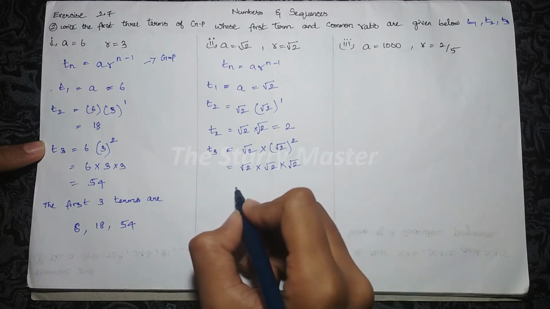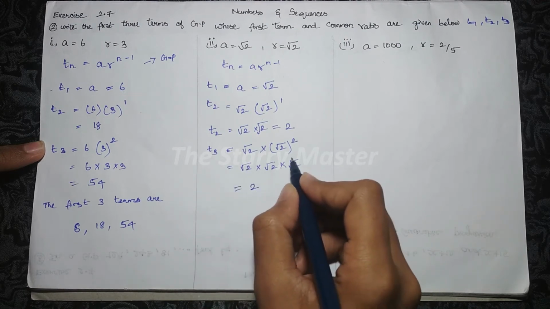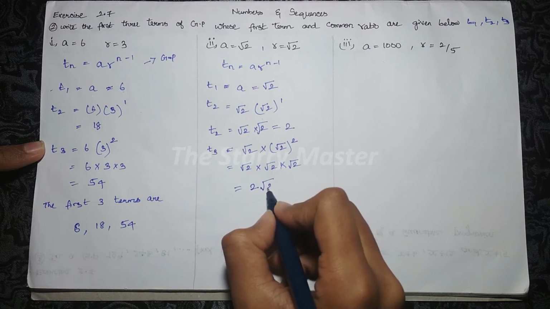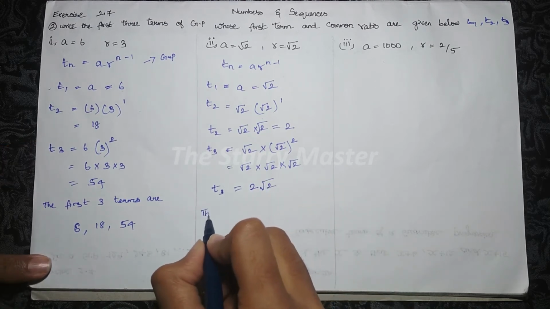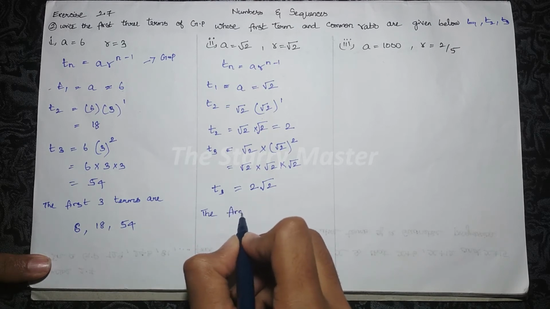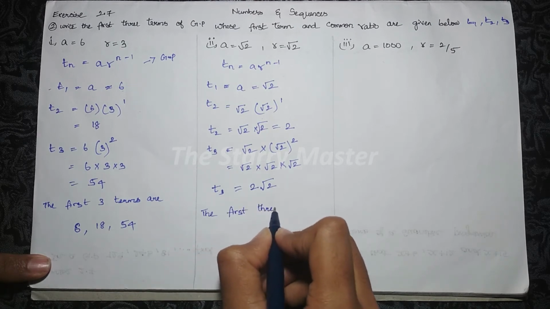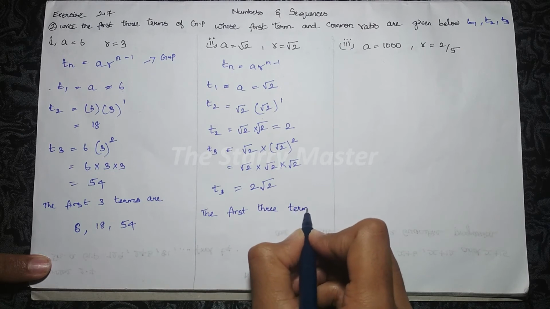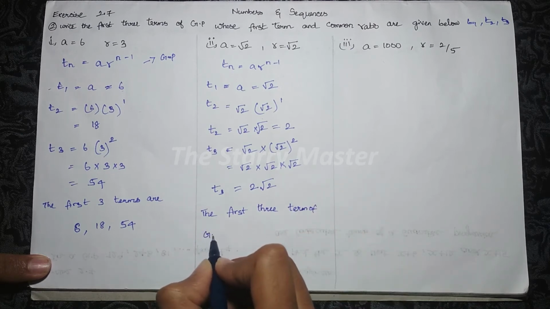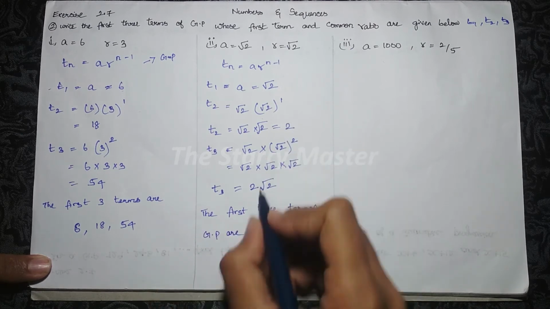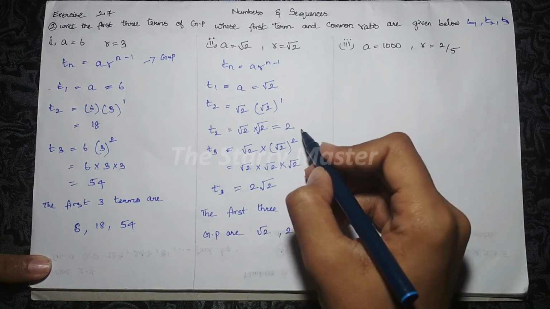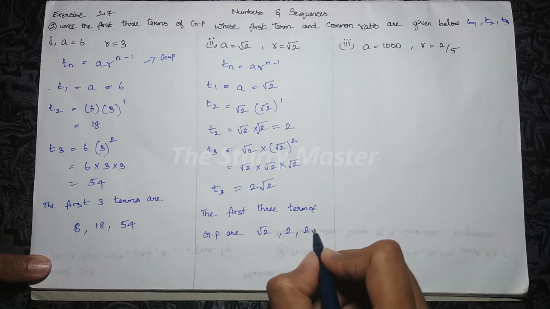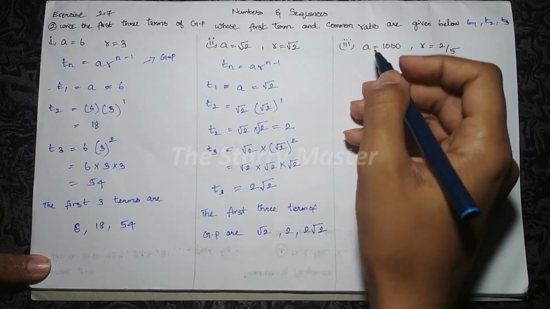So root 2 into root 2 we get 2, and we have one more root 2. So 2 root 2. So the first three terms of the GP are root 2, 2, and the third term is 2 root 2. Okay, we have found this.